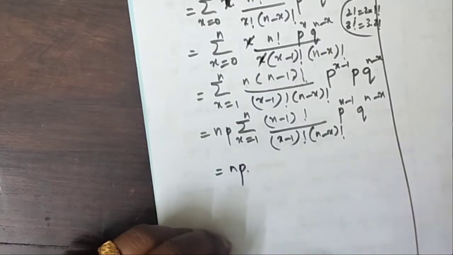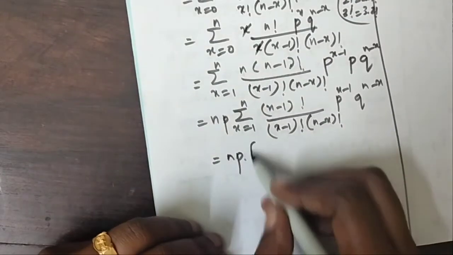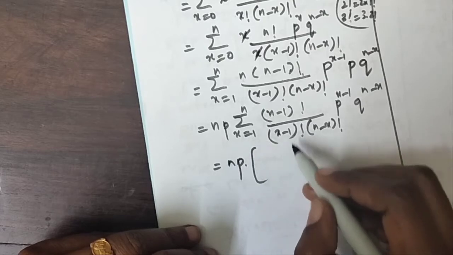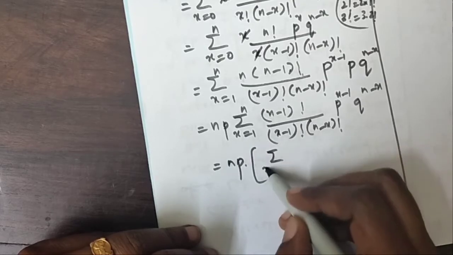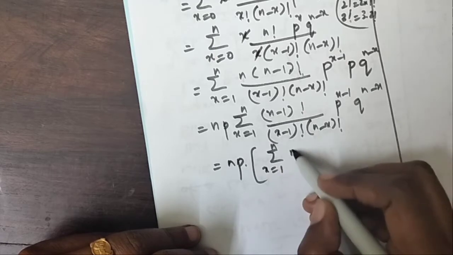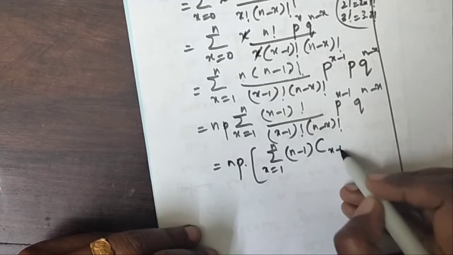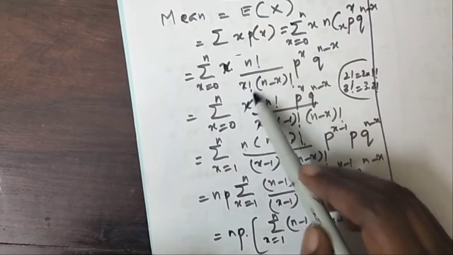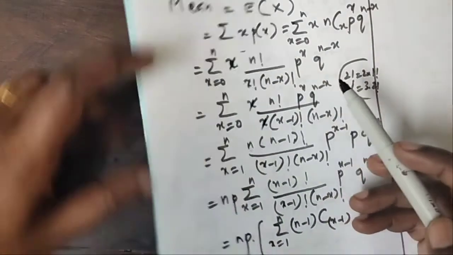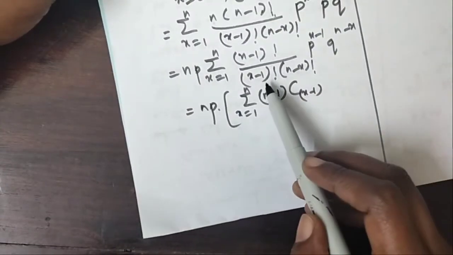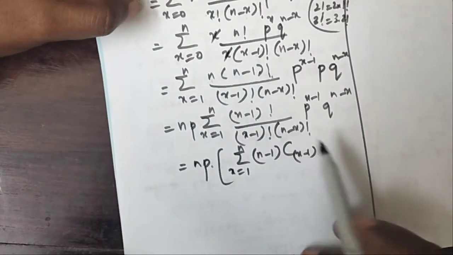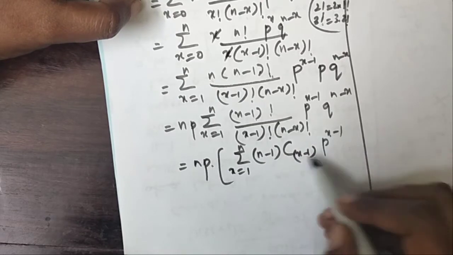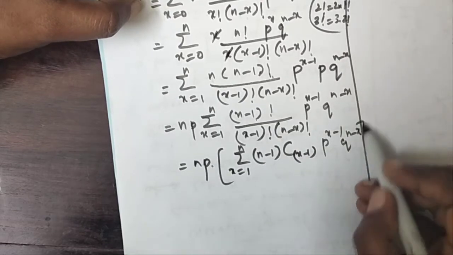Again, we can write it as sigma x from 1 to n, it is n minus 1 C x minus 1. Okay, like nCx is n factorial by x factorial into n minus x factorial. Similarly, n minus 1 factorial by x minus 1 factorial into n minus x factorial is n minus 1 C x minus 1, p raised to x minus 1 q raised to the difference n minus x.